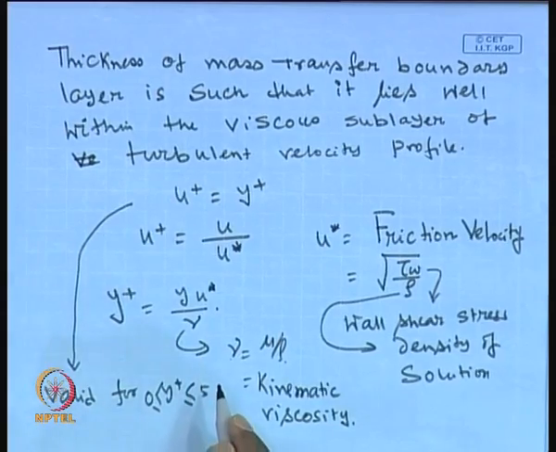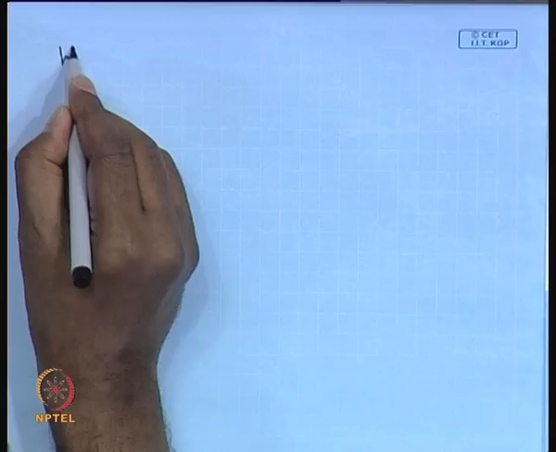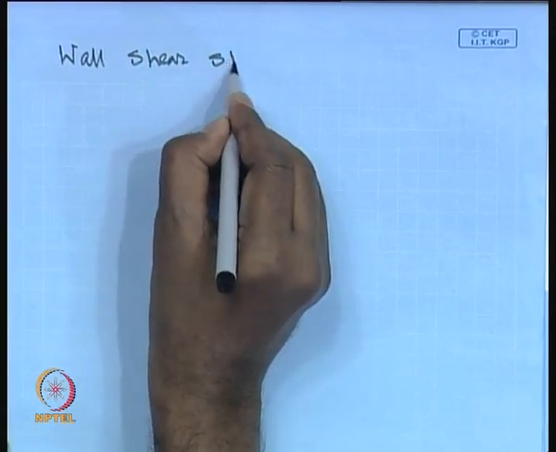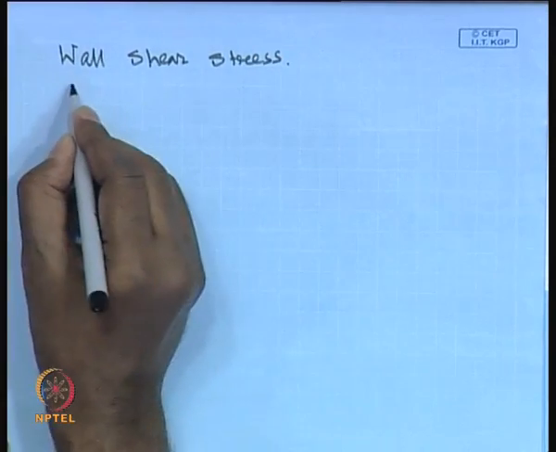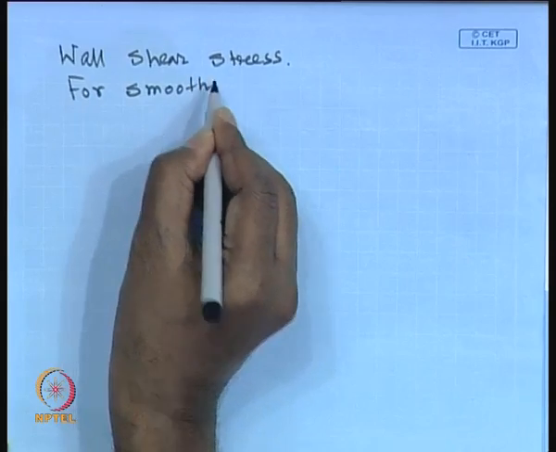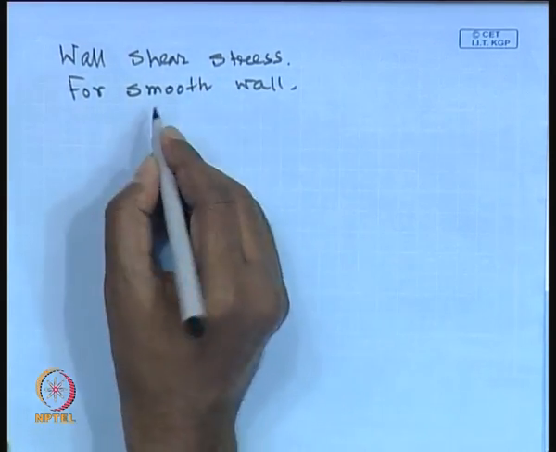Next, we look into the correlation of tau w or the wall shear stress for a smooth wall. I think this is known as the Fanning friction factor.